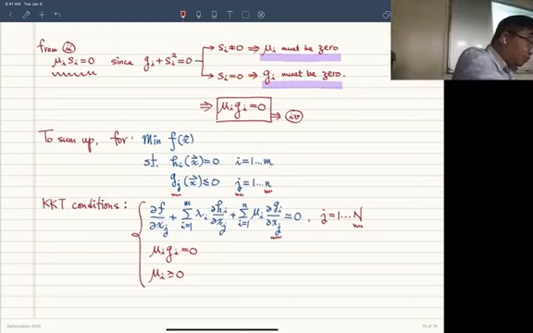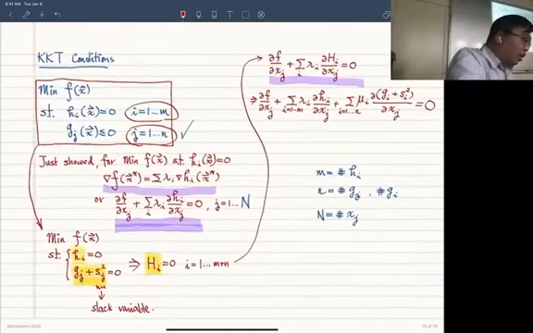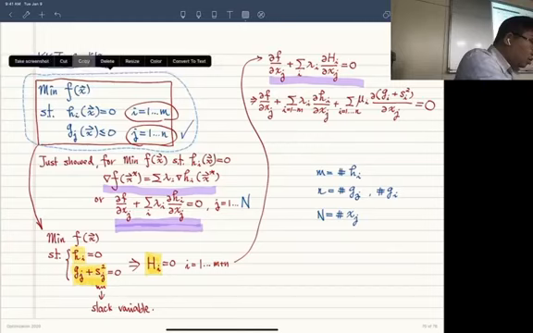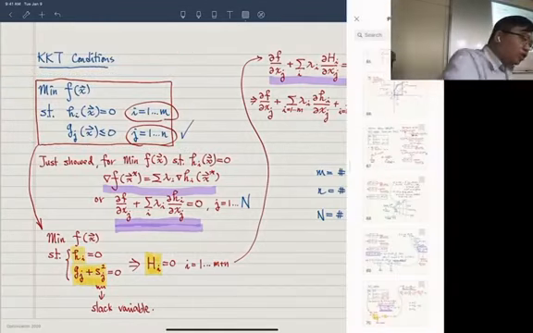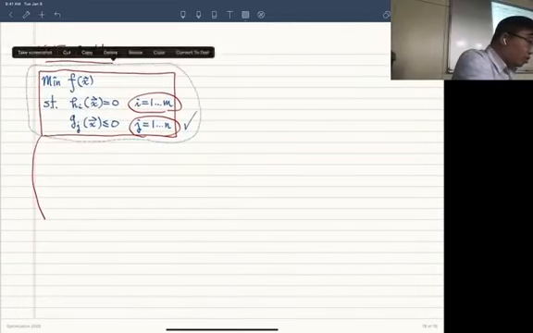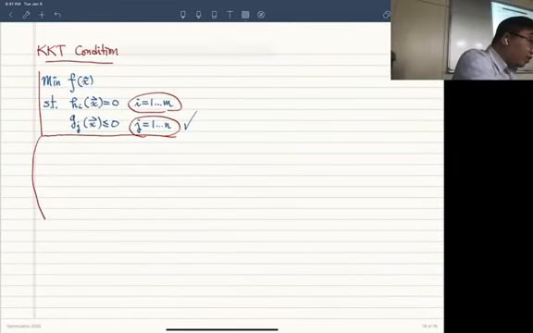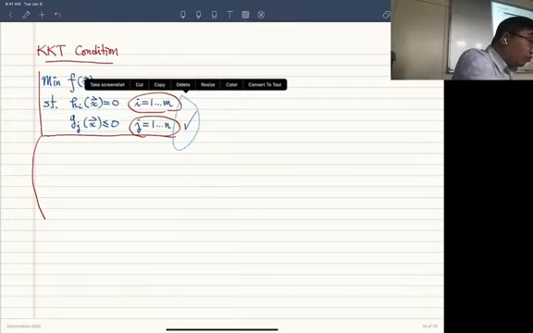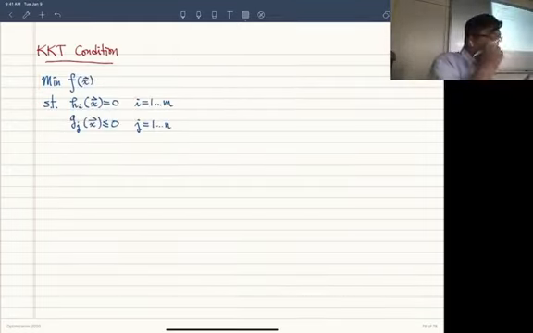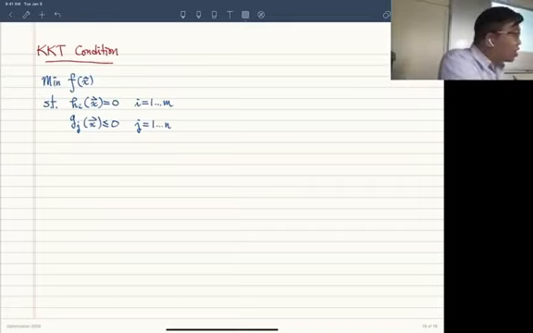Here. So of course, in general, a problem looks like this. For KKT conditions, we are dealing with a general formulation like this. We could have any number of equality constraints.